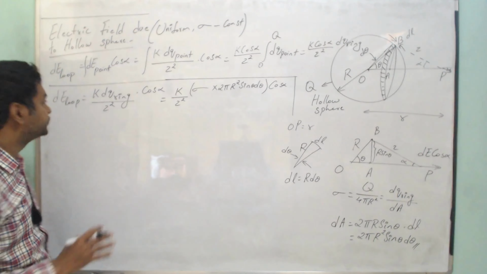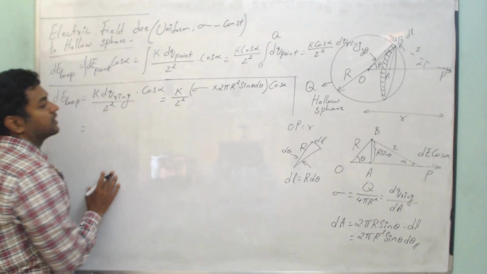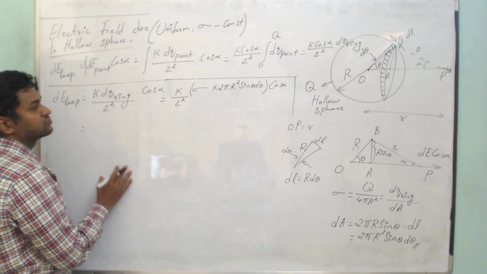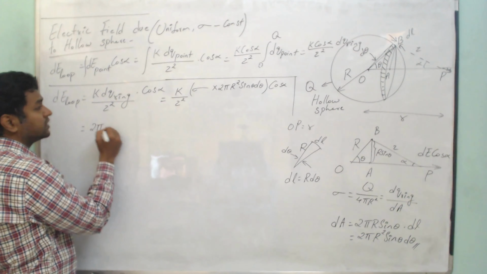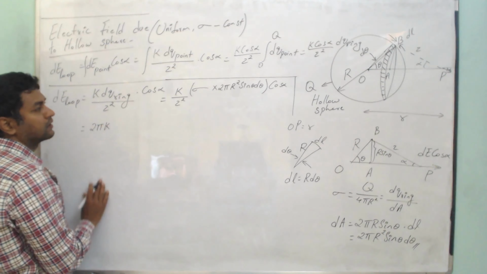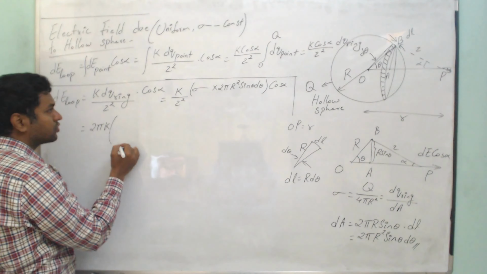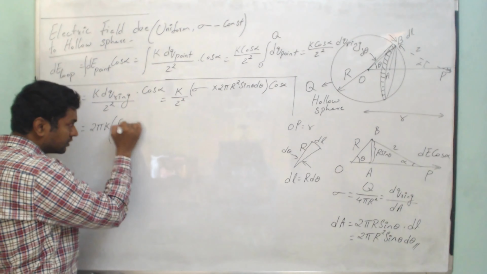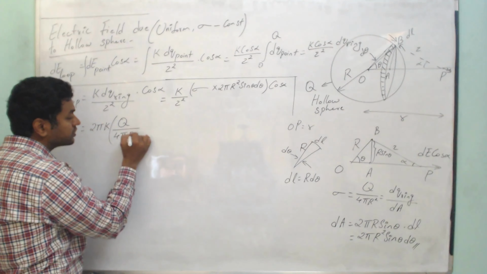Just to write it in a refreshed manner, I will take my constants outside. So my constants are 2 pi k, sigma. And my sigma is what? Capital Q by 4 pi r square.